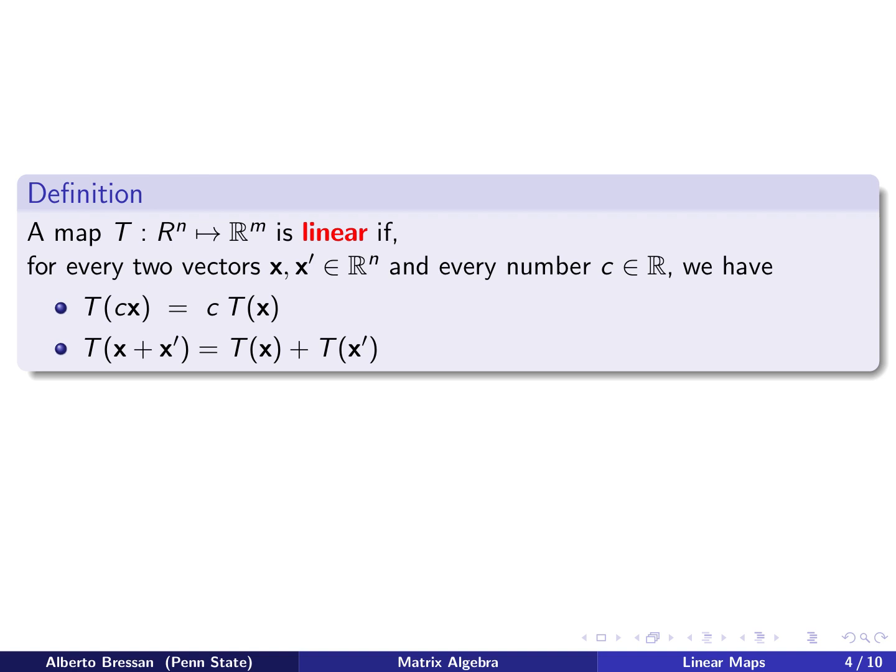What it says is that the mapping of a scalar multiple of an element equals the scalar multiple of the mapping of that element. And the mapping of the sum of two elements equals the sum of the mapping of each element. So naturally, some mappings will be linear and some might not be.